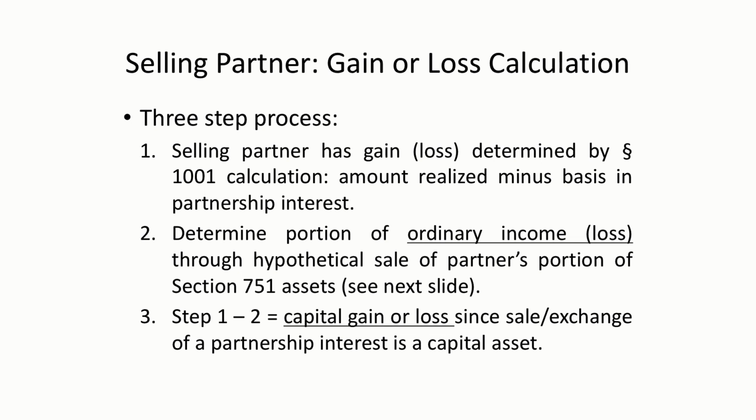Okay. So let's talk about the selling partner first. This is a property transaction. You're selling a partnership interest. That's property. So we're going to apply our favorite rule, Section 1001: amount realized minus adjusted basis gives us realized and recognized gain or loss.